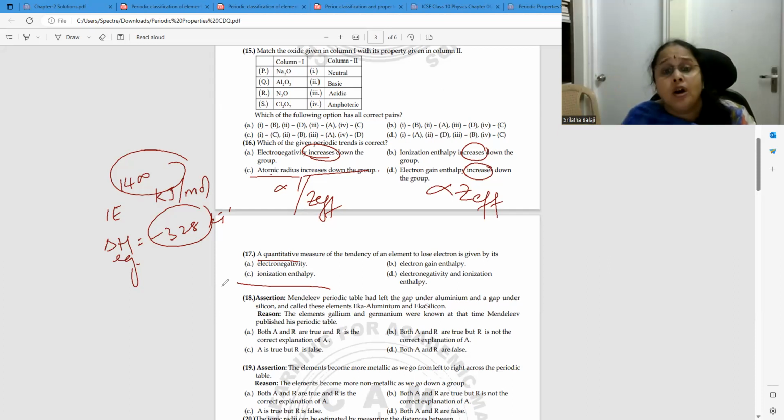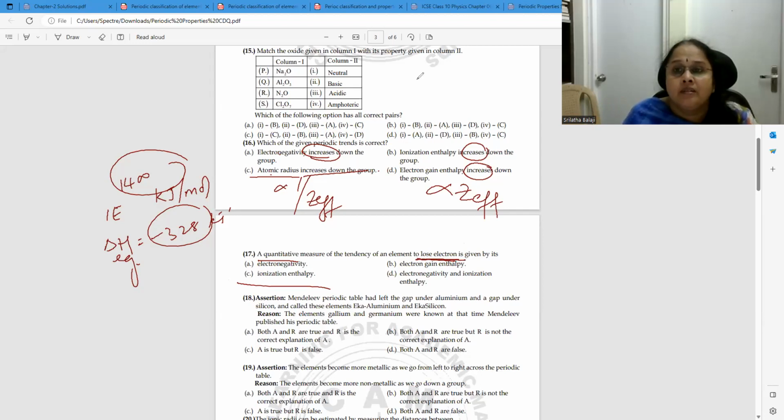So electron gain enthalpy and ionization enthalpy are measurable. Electronegativity measurement is based on an altogether different principle. I gave you the Pauling scale: fluorine is 4, chlorine is 3, oxygen is 3.5. It's a different scale. Clear? And here the concept is losing electron.